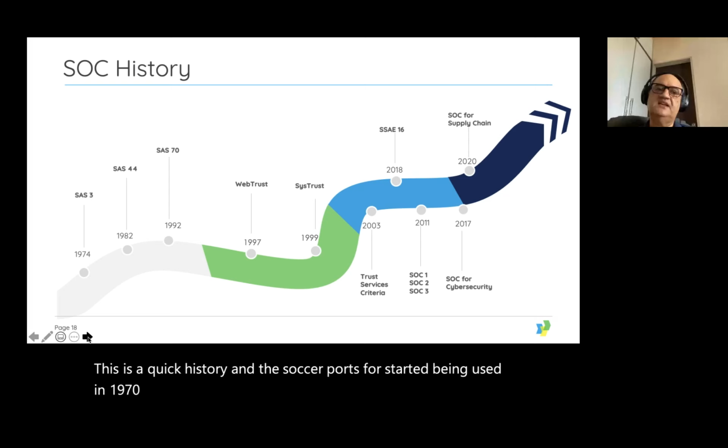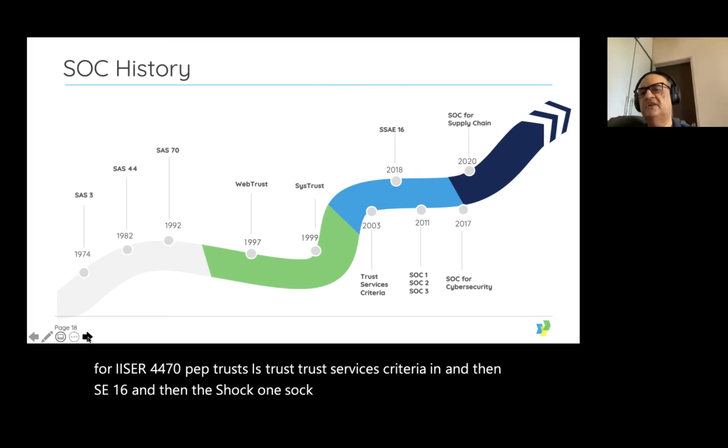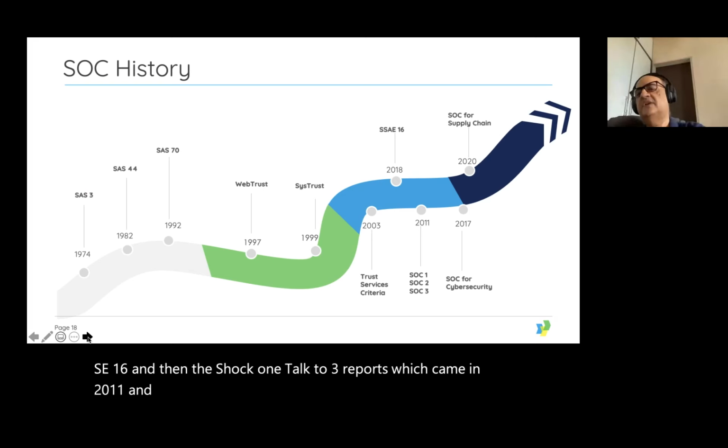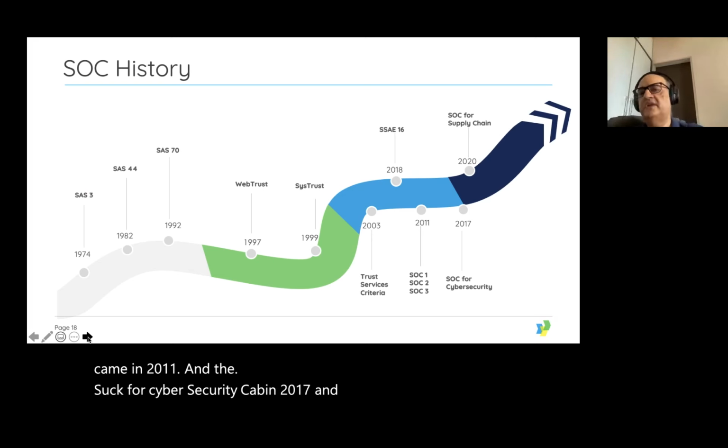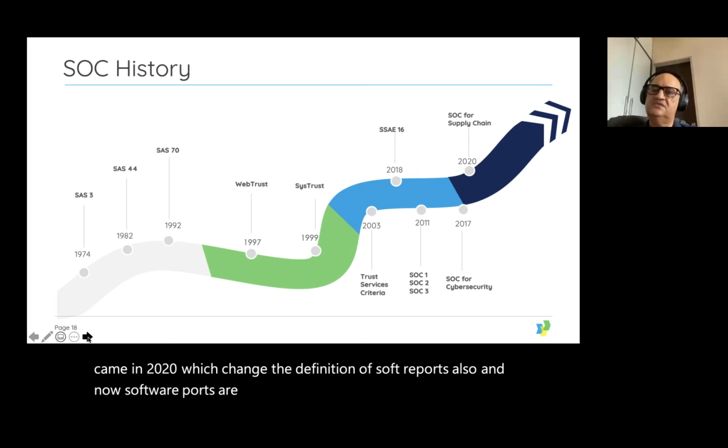It was earlier known as SAS 3, and there's a whole journey to SAS 44, SAS 70, WebTrust, SysTrust, trust services criteria, and then SSAE 16, and then the SOC 1, SOC 2, 3 reports which came in 2011, and the SOC for cybersecurity came in 2017, and SOC for supply chain came in 2020, which changed the definition of SOC reports also. Earlier they were for service organizations. Now they can be used for every organization.